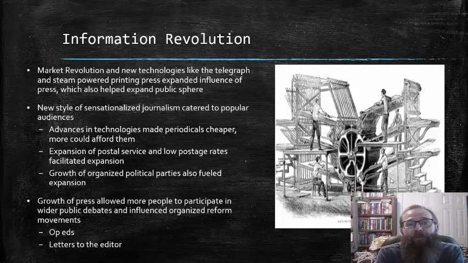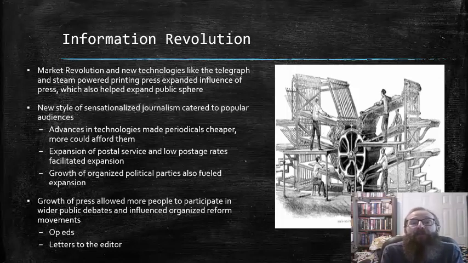The market revolution and new technologies like the telegraph and the steam-powered printing press expanded the influence of the press, which also helped to expand the public sphere itself. This initiated a new style of sensationalized journalism that catered to popular audiences.